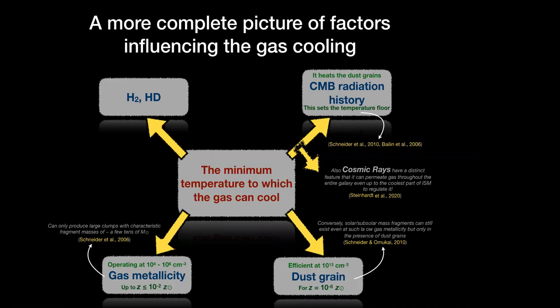The cosmic rays have the ability to permeate into the deepest or densest part of these star forming regions and can affect the temperature. So maybe it is not the entire picture, but it covers quite a lot in terms of the agents that can play their role in affecting the process of the star formation.